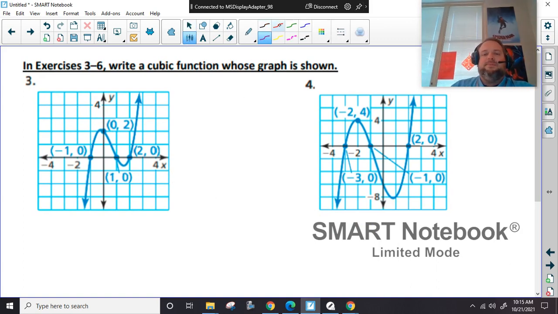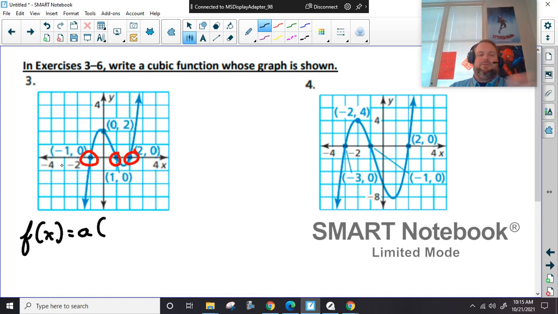So, first thing we need to do is find our x-intercepts. And we're going to plug it in to this right here. What's our first x-intercept as we read from left to right? Yeah, -1. But when we write it, it is an x plus 1.